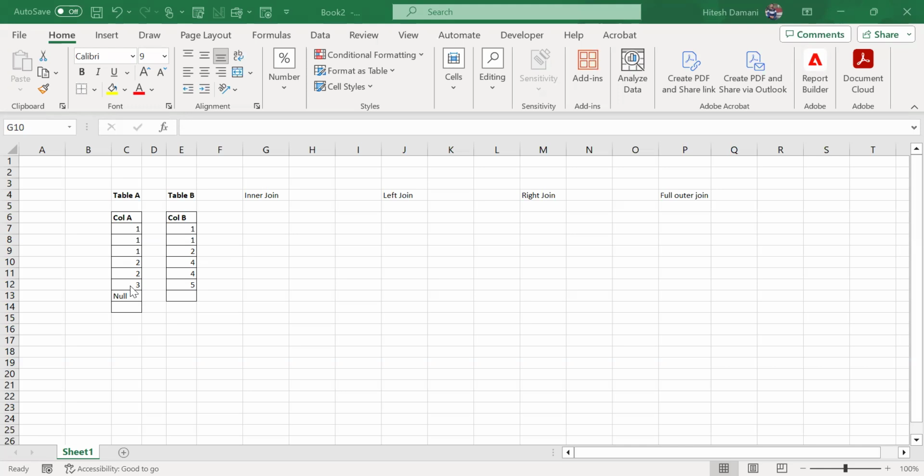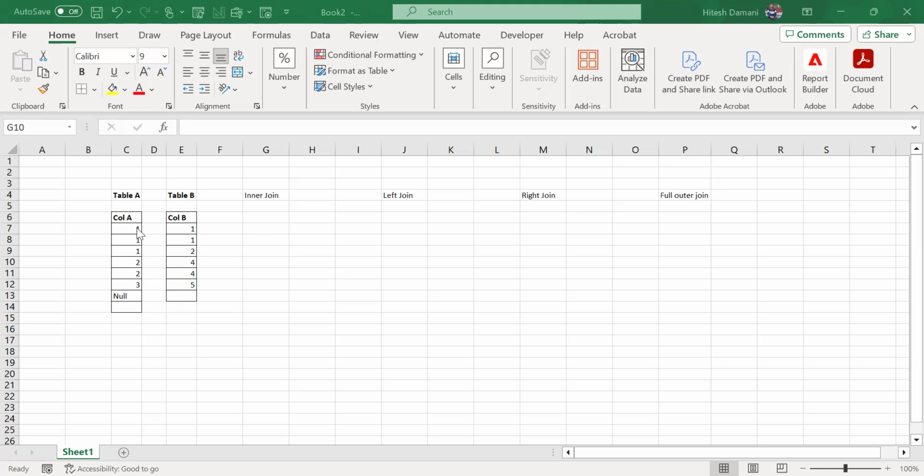Apart from that, 3, null, 4 and 5 are not appearing in both of these tables, right? So which means 1 and 2 are the common records, right? But since we have duplicates as well over here, how will our result set look in this particular case, right? So it's quite simple.